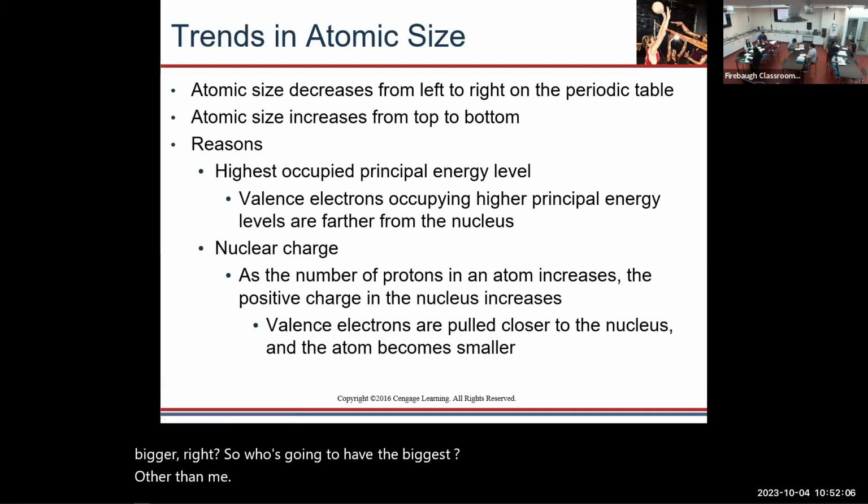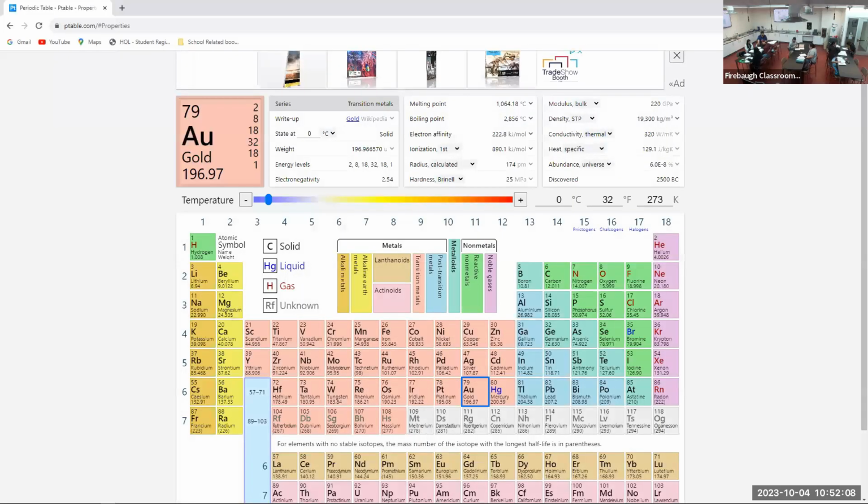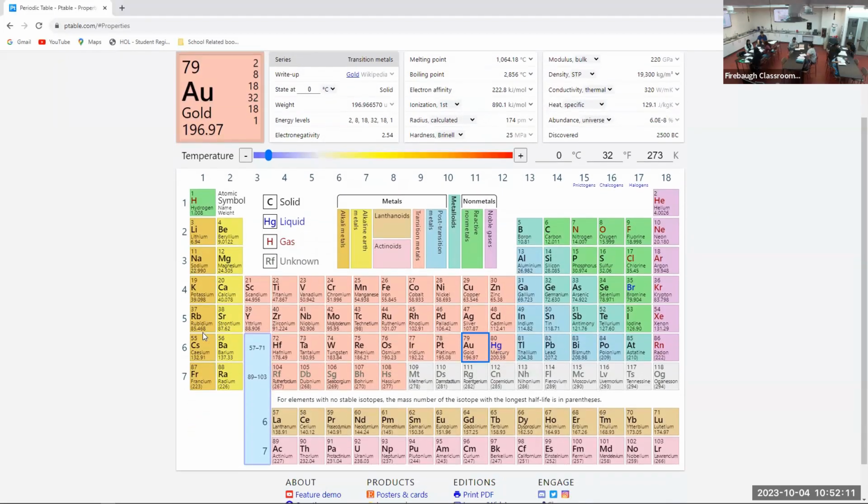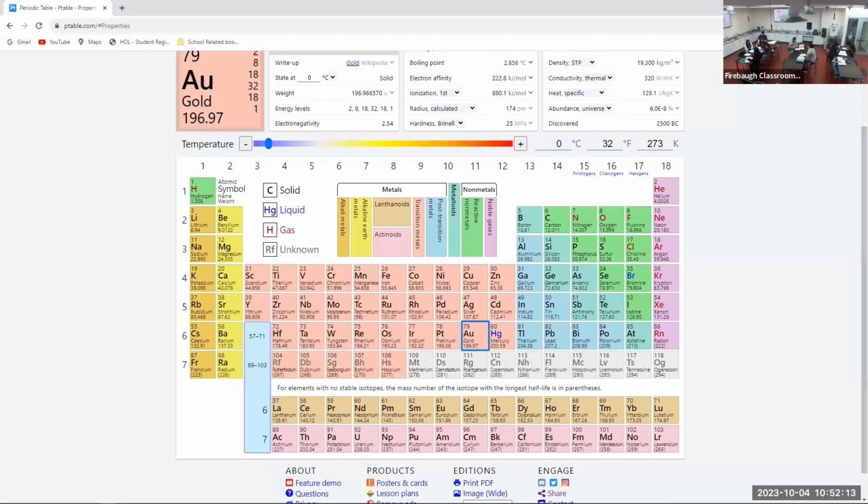So let me put up my periodic table because it helps to see. Okay, so I said as we move from left to right, it gets smaller. Okay?